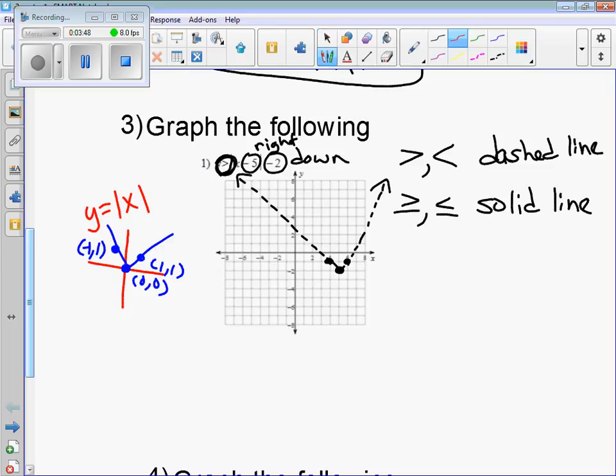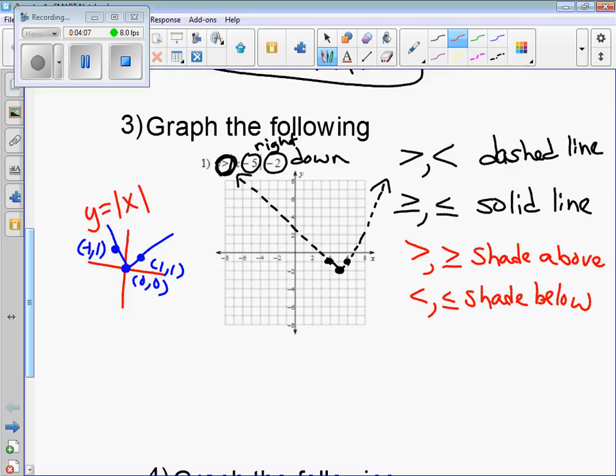If it's greater than or equal to, shade above. We do have to shade with these just like on a number line. If it's less than or equal to, we shade below. It's kind of exactly what you would think: less than below, greater than above. It is a greater than sign, so we shade above the line. And that's it.